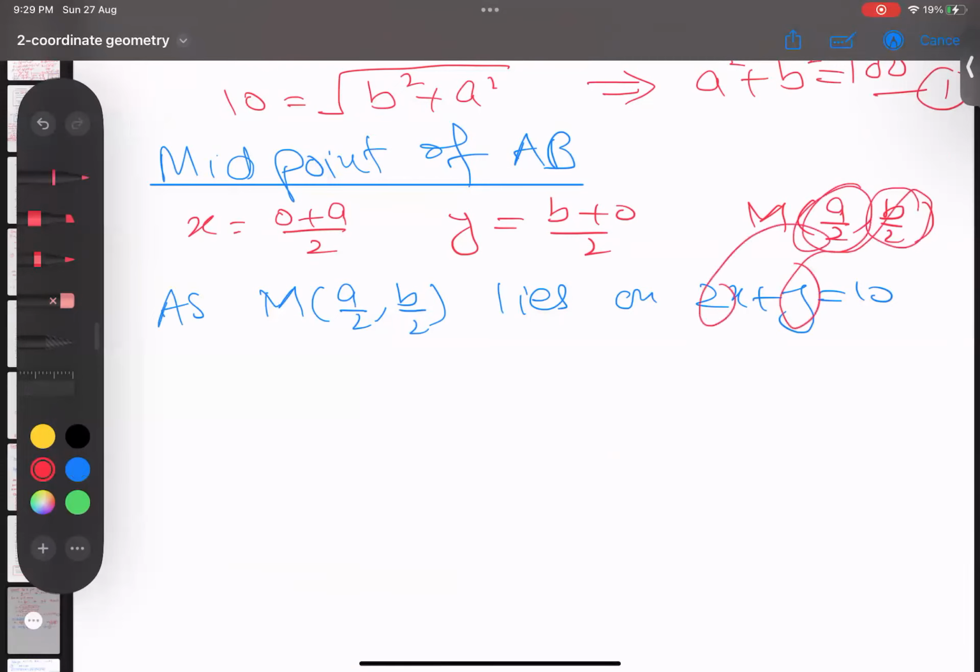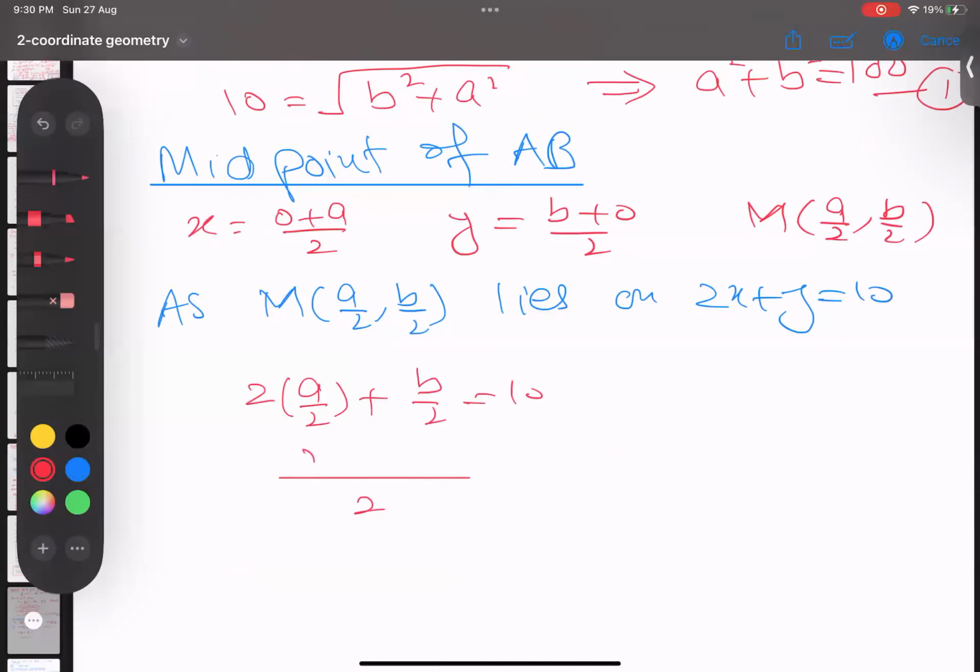So I do 2 times a by 2 plus b by 2 equals 10. I take the LCM, which is naturally 2, giving 2a plus b. I don't cancel this 2, okay students? I just multiply directly, and I get 2a plus b equals 10. Making b the subject, b equals 10 minus 2a. This is equation number 2.